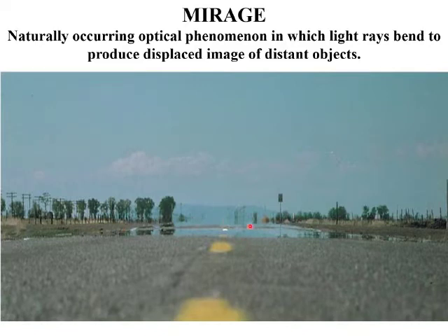It appears as if there is water or oil at this particular spot, but when you reach that spot, you find that there is nothing except the tar road. So it is an illusion of appearance of water on a hot tar road. Secondly, even in deserts, people have this illusion of water at a certain distance. They even see the image of a tree in the water, but when they reach the spot, they find nothing except desert.